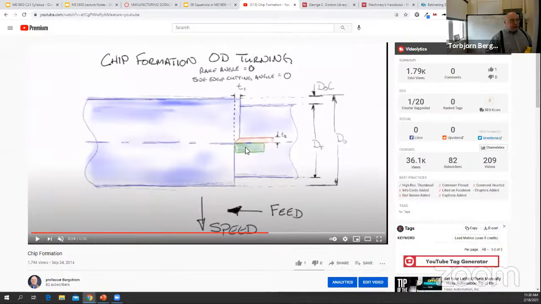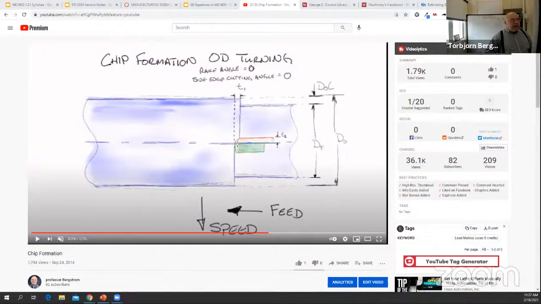The tool here, if we were to tip the tool in a different orientation, let's see, annotate. I think I can do this. Draw a line. All right, so right now our tool is oriented like this, and it's perpendicular to the direction of the workpiece material coming towards the tool.